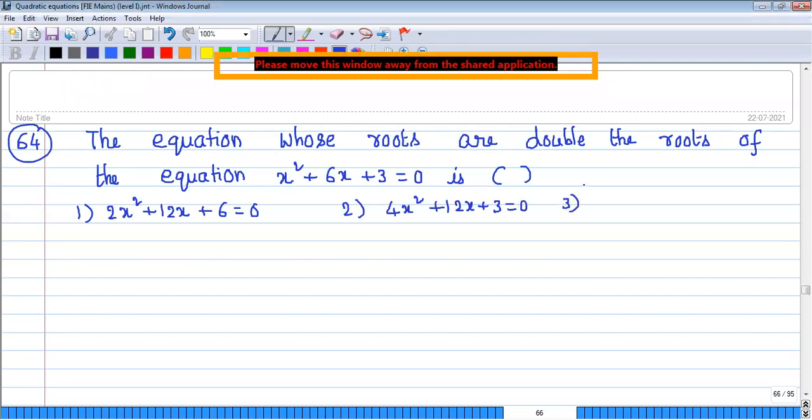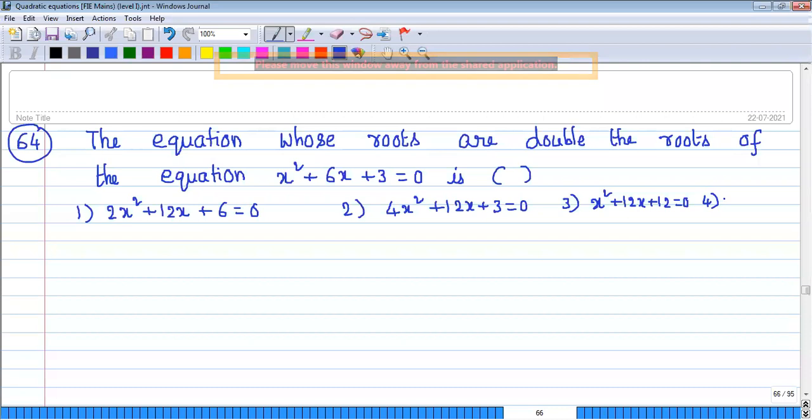Third one: x square plus 12x plus 12 equals 0. Fourth one is 2x square plus 12x plus 12 equals 0.